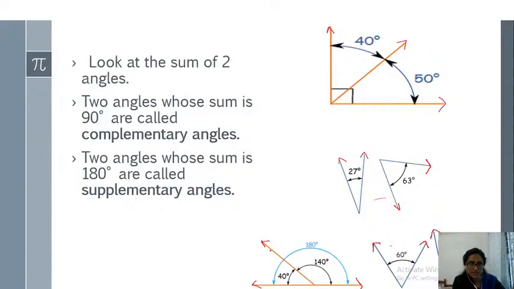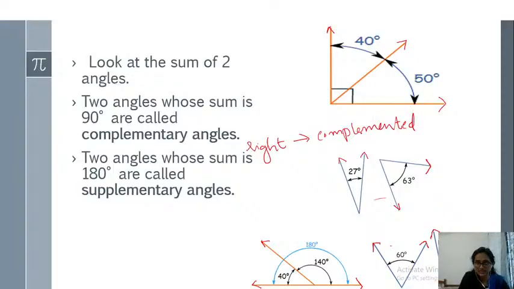Now, to remember this, there is a tip. When you are saying something right, you get appreciated. You did a good thing. People will say like that. So, you get complimented, right? So, in mathematics, right means 90.